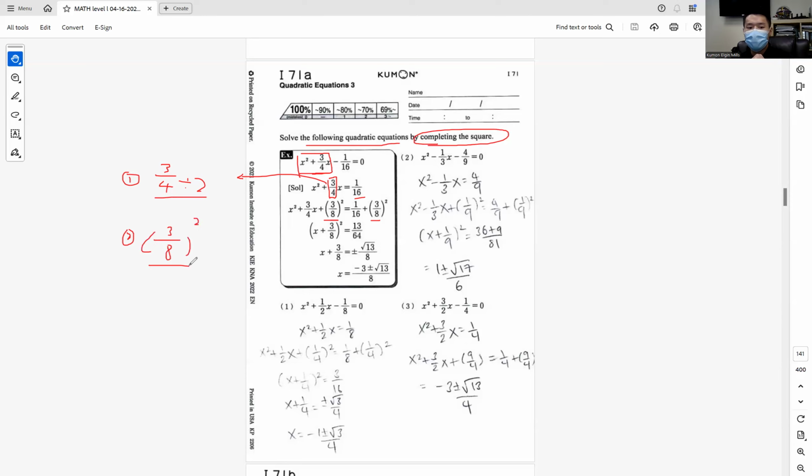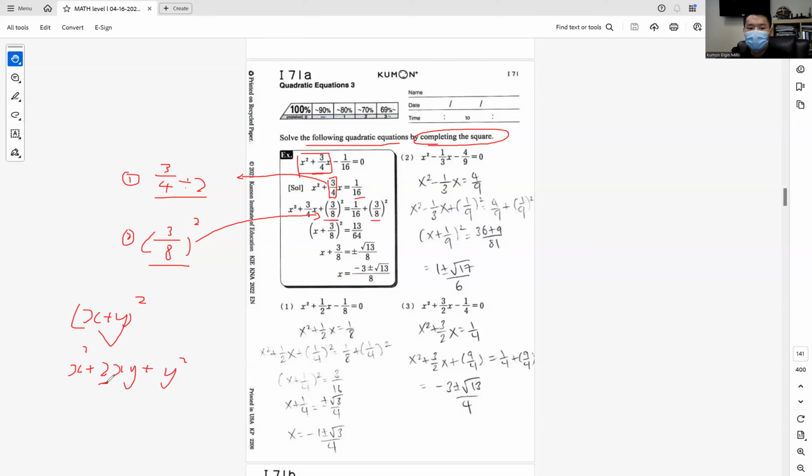And that will be what you need to add to complete the square. Because when you look at the perfect square formula and expand it, it's 2xy plus y squared.